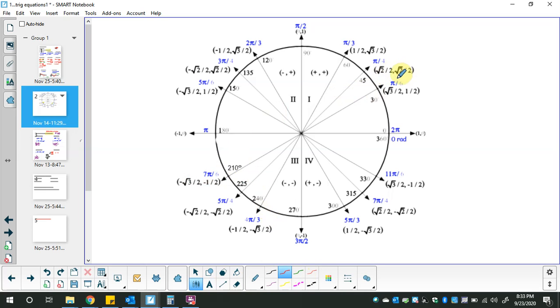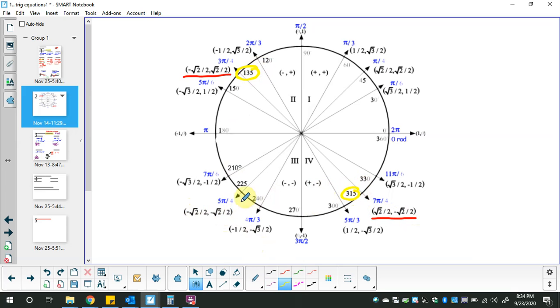Same values, same sign, not good enough. Same values, opposite signs. Same values, same signs, not good enough. Same values, opposite signs, that's good.